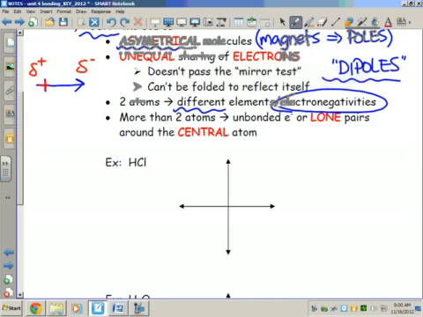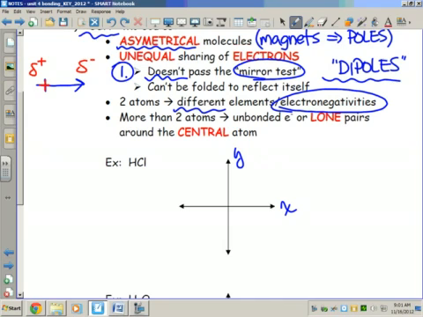2 ways we identify a polar molecule. The first is it doesn't pass the mirror test. That's where the term asymmetrical comes in. You can see I have an X and a Y axis drawn below. And we're going to take a look at a few molecules to see if they pass the mirror test. If something doesn't pass the mirror test, it is polar.